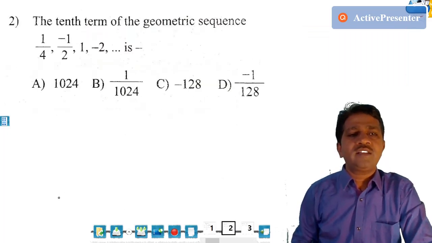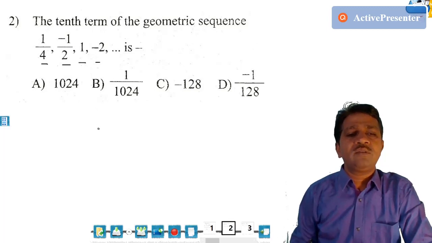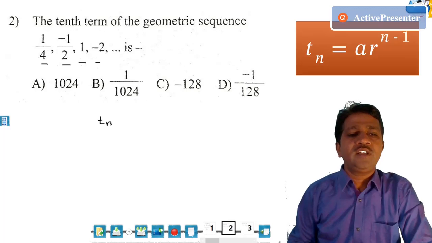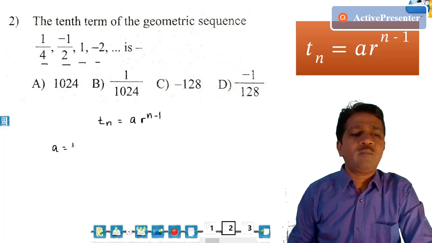In this second example, again we are given a geometric sequence, and we have to find its 10th term. We know the formula for the nth term of a GP, which is Tn is equal to A into R raised to n minus 1. In this case, A is the first term, which is 1 by 4, and R is the common ratio.